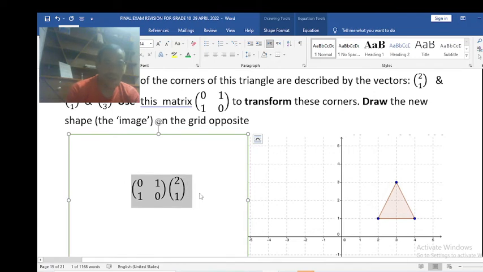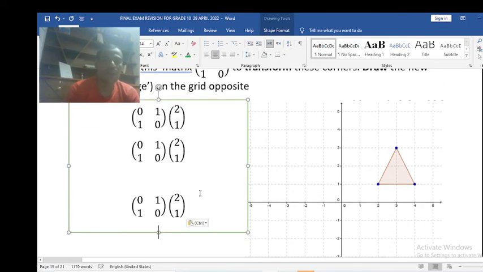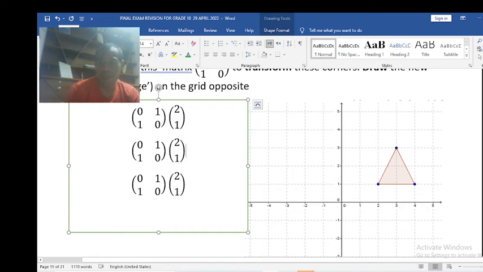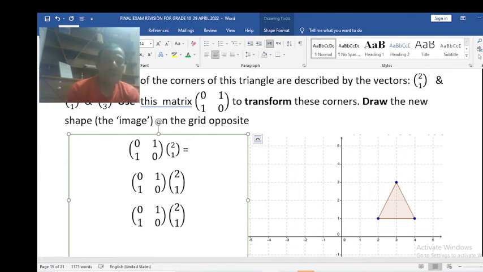So now, to find the image, it's clear for you. I will try to find the image of this point.